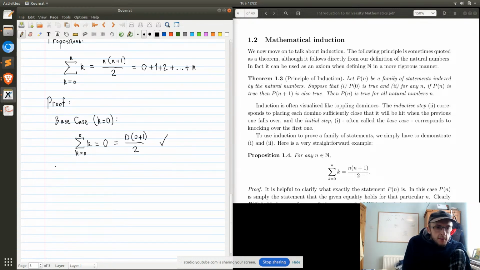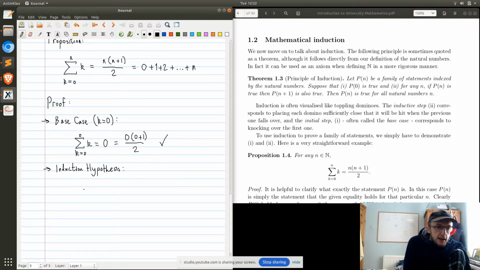And then induction hypothesis. 1, 2, and then 3 will be the induction step.